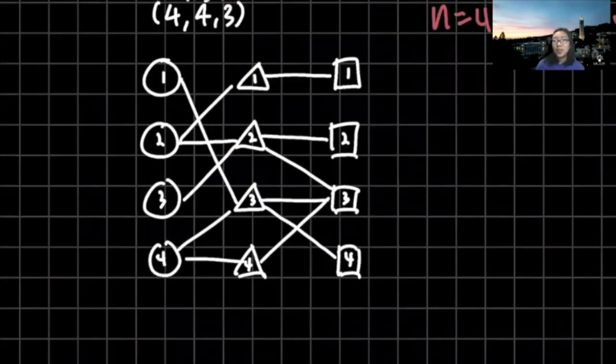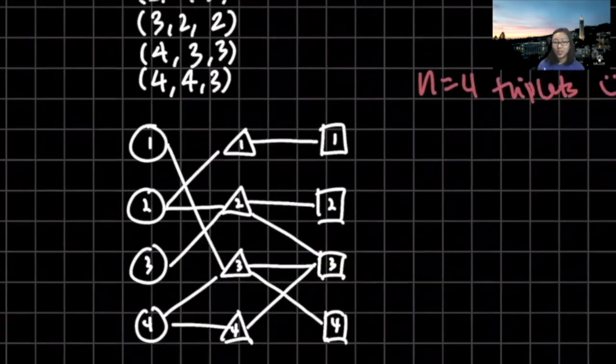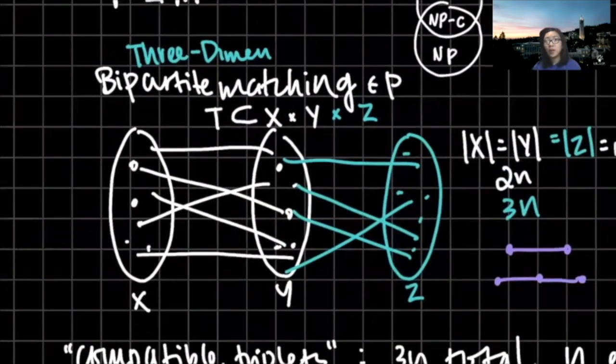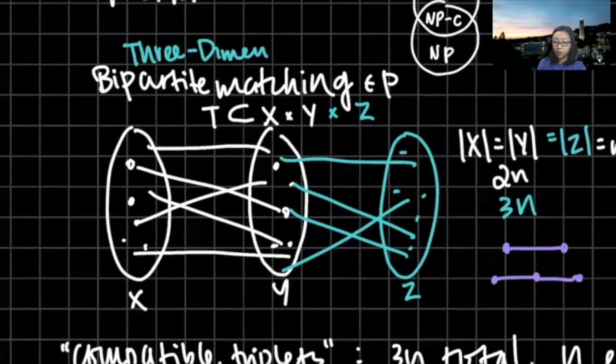So how can we pick the triplets given in our set T, such that we only have to pick 4 of them and they cover all of our elements? This is exactly a set cover problem, because we can set the budget of the set cover to be n, and we're picking exactly n triplets such that they cover all 3n of our elements. And if those n triplets cover all 3n elements, then voila, we have a perfect 3D matching set. So that's basically the intuition.